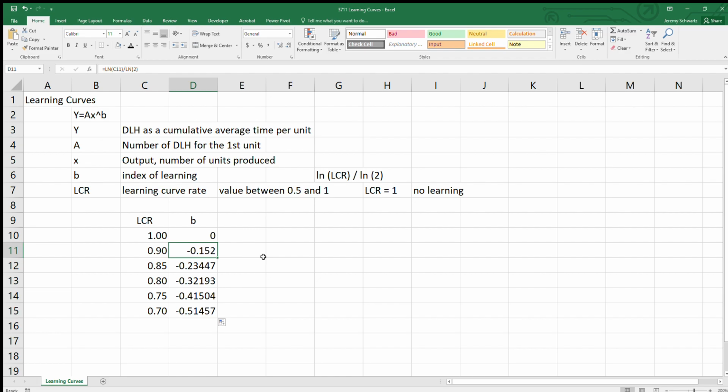But a 90% learning curve rate is actually a lower amount of learning than, say, a 75% learning curve. What's key here is that when we're developing this model, think about it in terms of how much time it's going to take. So it'd be taking 75% of the time relative to the previous unit.